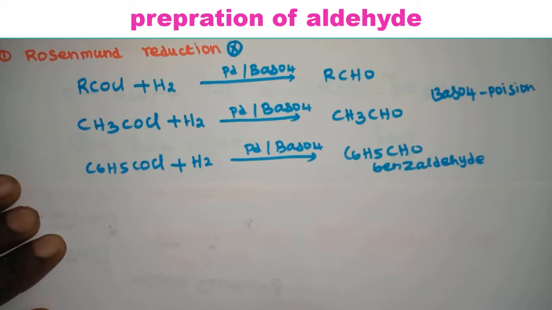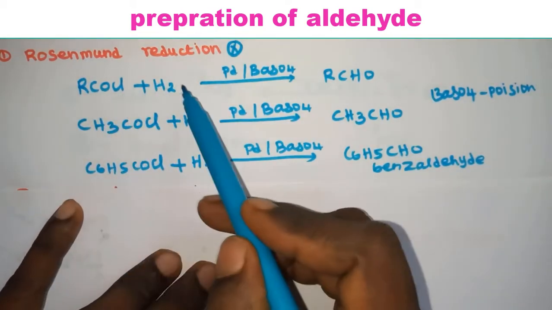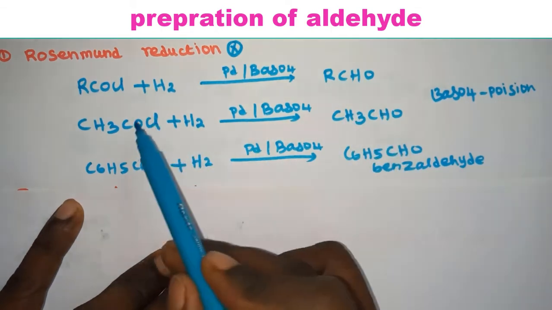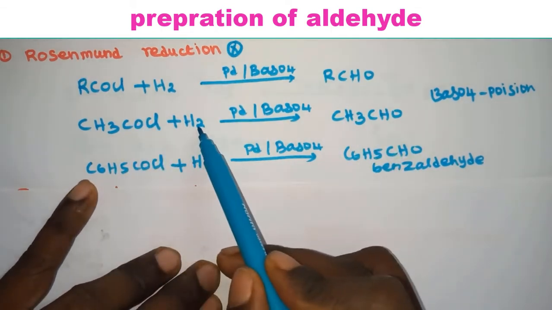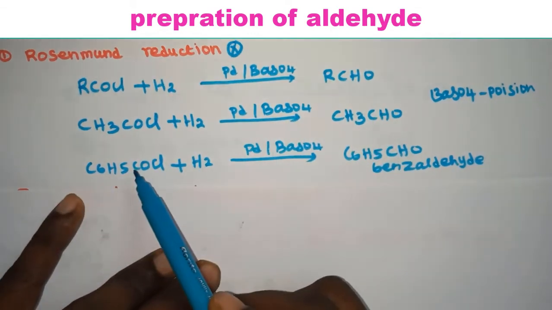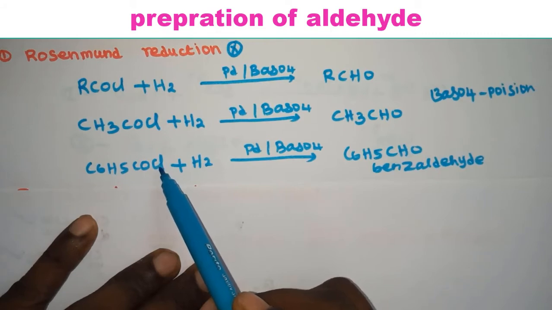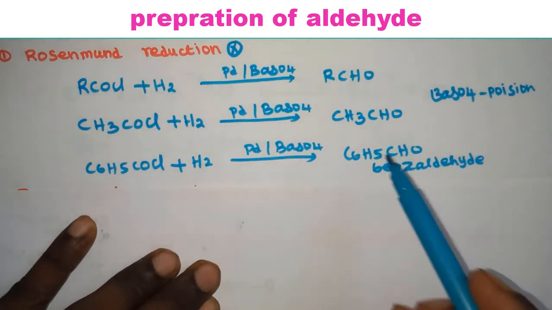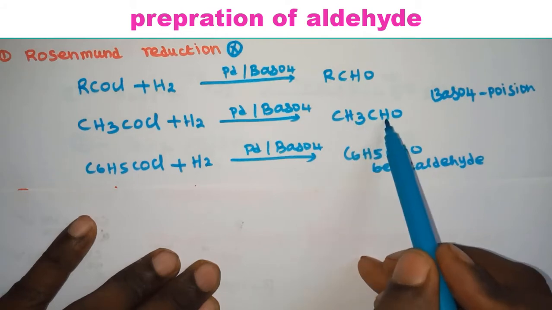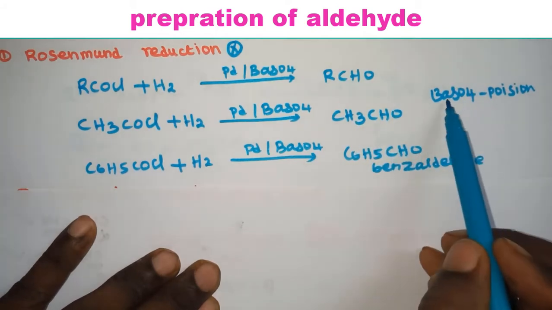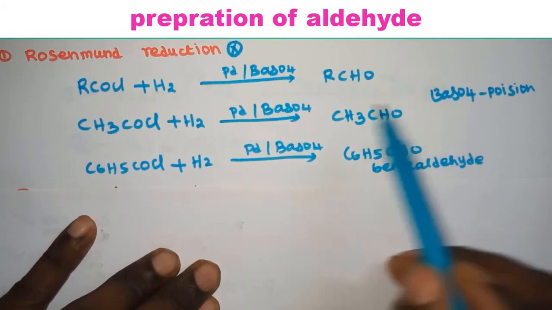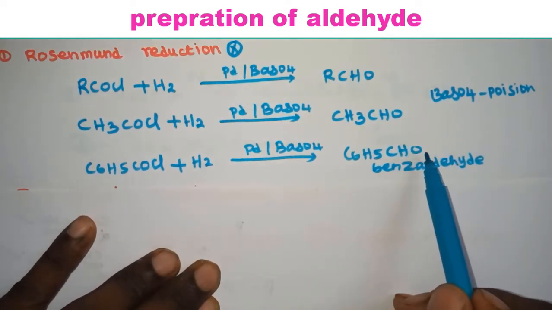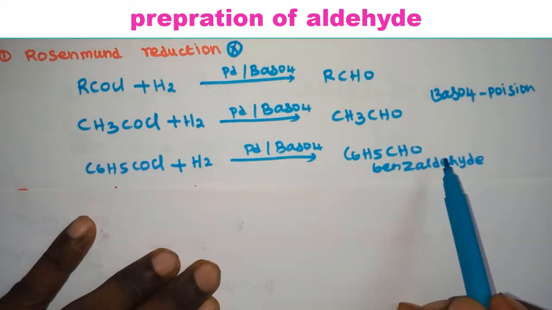If BaSO4 is not used in the Rosenmund reduction, the aldehyde is further reduced into alcohol. So BaSO4 prevents the further reduction of the aldehyde. Examples: acetyl chloride CH3COCl gives acetaldehyde CH3CHO, and benzoyl chloride C6H5COCl gives benzaldehyde C6H5CHO.